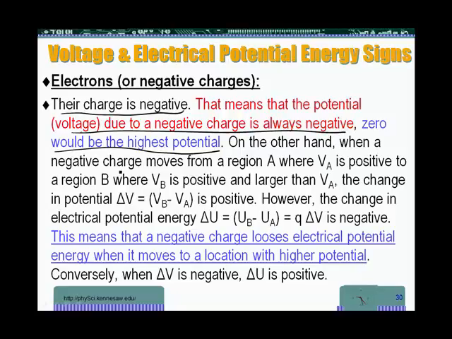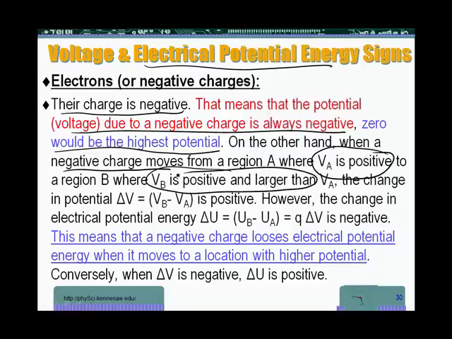Okay, now, if we move a negative charge from a region where I have a positive electrical potential to a region where I have a larger positive electrical potential, so I'm moving it from a positive electrical potential to a higher electrical potential, the change in electrical potential is positive, but the change in electrical potential energy is negative.